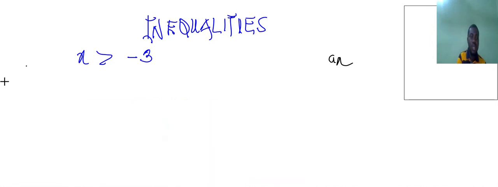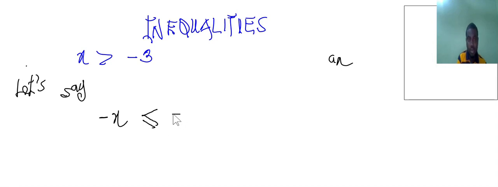Let's take another situation, let's say we have minus x less than or equals to -3, and we need to get a value for x.